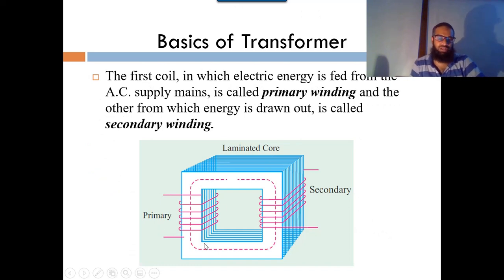If we see the physical diagram of the transformer, in the center we have a core, and this core is a combination of multiple laminated sheets. On one side of the core there is a number of turns, and this side is known as the primary side, and on the second side we have a number of turns, and this is the secondary side.